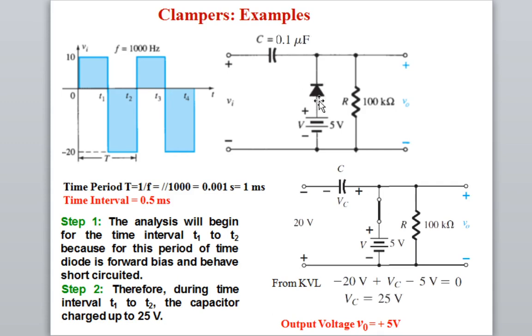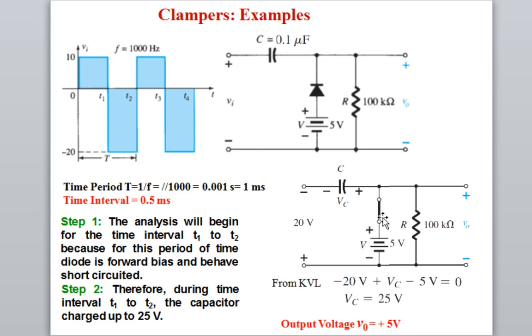This is the time interval we have to find out: we have to trace for which time interval the diode is going in forward bias. That is why I have written it in step one. So the analysis will begin for the time interval T1 to T2, because for this time period the diode is forward biased and behaves like a short circuit. That is why I have replaced it with a short circuit.